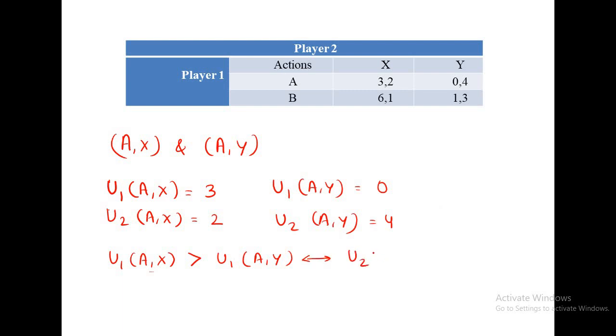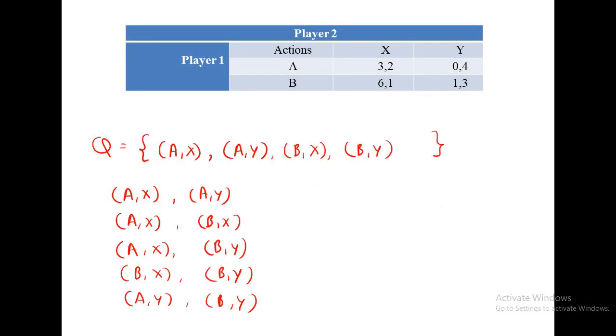U2 AX should be less than U2 AY, and you can see here that U2 AX is less than U2 AY. So this condition holds true, right? For this pair this condition is true. Like this we need to check the other pairs for the state competitive game.